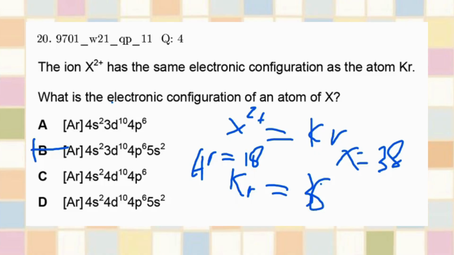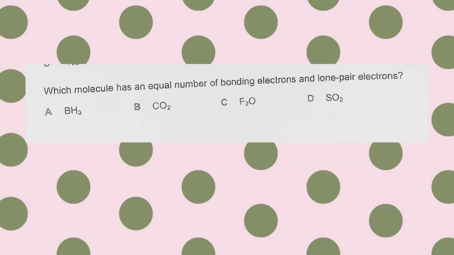So that's it. This question is asking about which molecule has an equal number of bonding electrons and lone pair electrons. So the answer is B, because carbon has an electron valency of 4 and oxygen has an electron valency of 6.